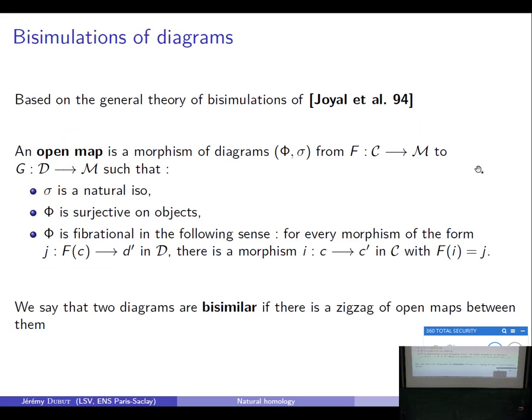There is an equivalent definition of this, which is more related to computer science, where two diagrams are bisimilar if there is a relation between the states of the domain, and more than a relation, we have an isomorphism between the images of those objects. And it is precisely the fact that you must have an isomorphism which can be encoded by polynomials.